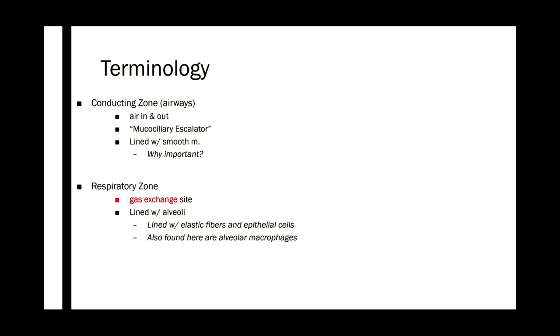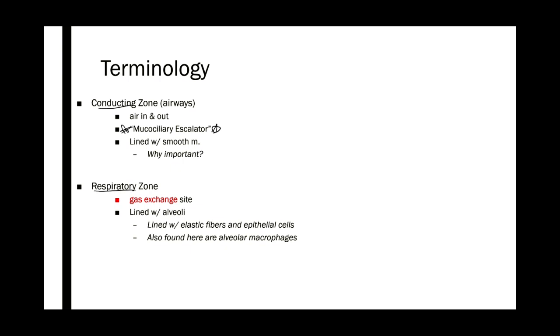Okay, so be familiar with these two zones. There's a conducting zone and a respiratory zone. The conducting zone is basically what we think of as just the airways. I'll show a picture of it later. Air goes in and out of the conducting zone. This is really important here: the mucociliary escalator.